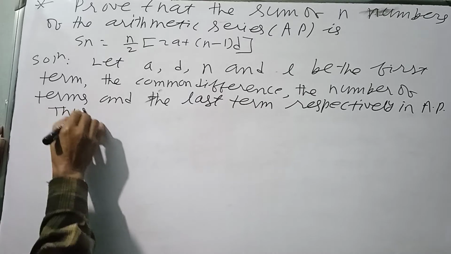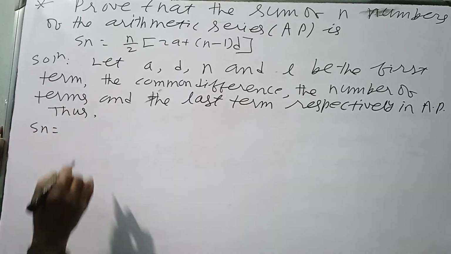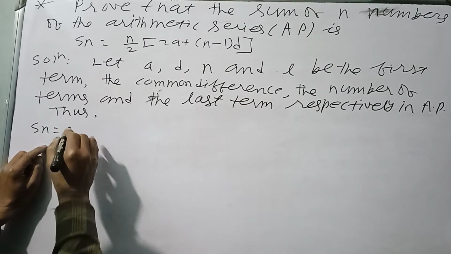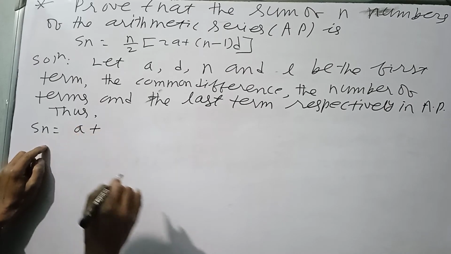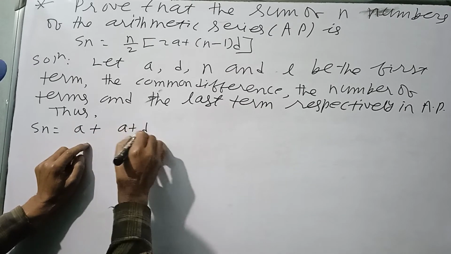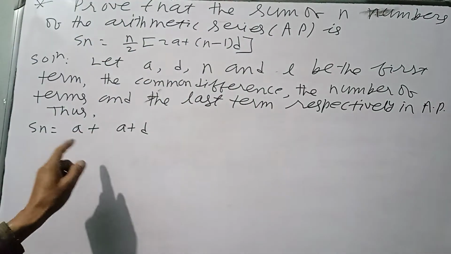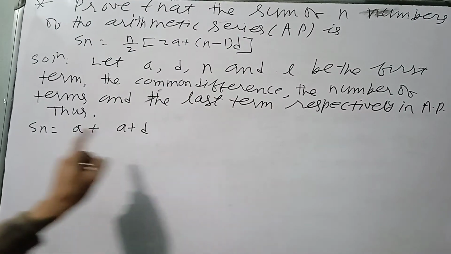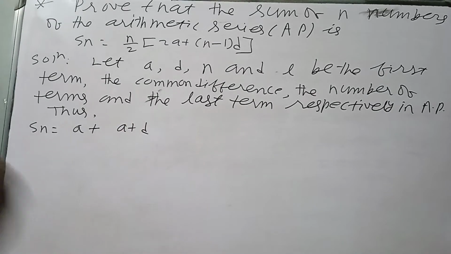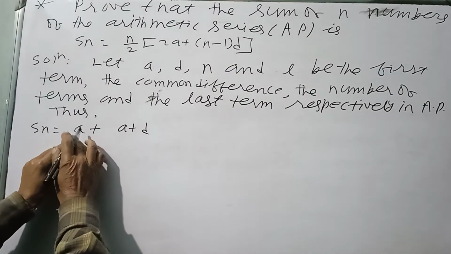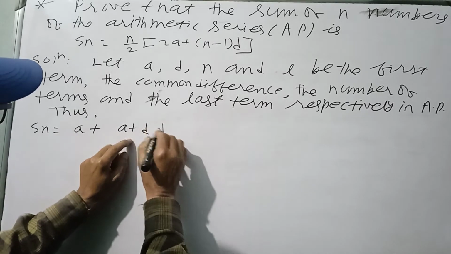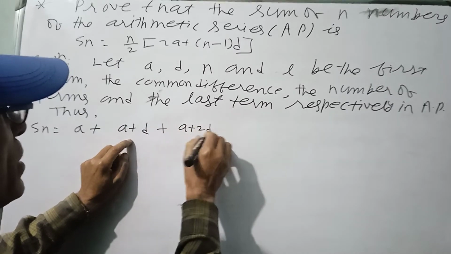Thus, you can write Sn, the sum of the terms, equals first term a plus second term a plus d, because in arithmetic progression AP the common difference is d. D ले बढ्दै गएको. d may be positive or d may be negative. A first term plus second term a plus d, third term a plus 2d, plus.